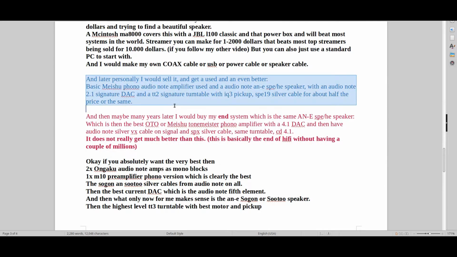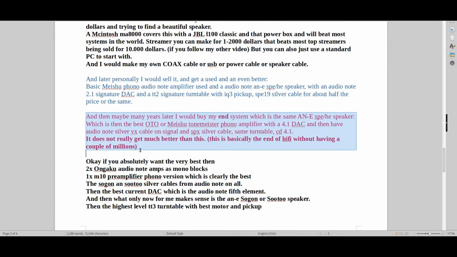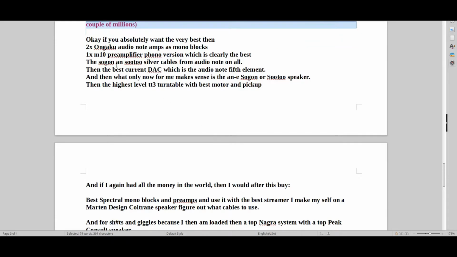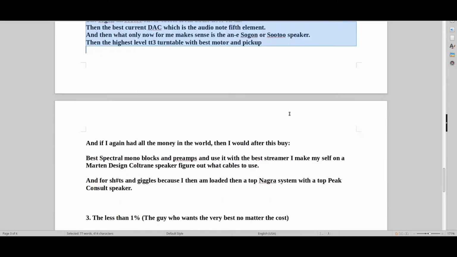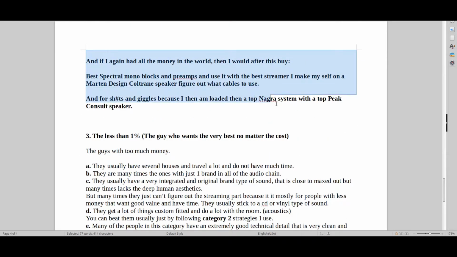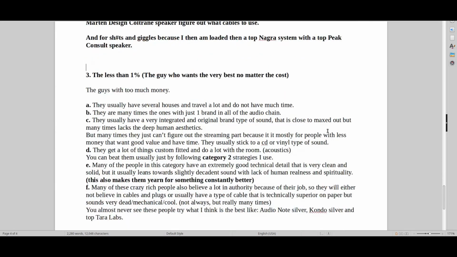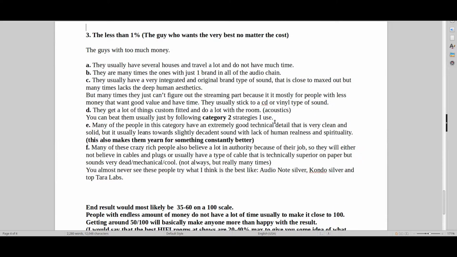And I would go to this point, and if I wanted the best in the world, this point, and then, yeah, this point. Now this is the third part, the last part, and it's basically to show what the people who have endless amounts of money generally do.